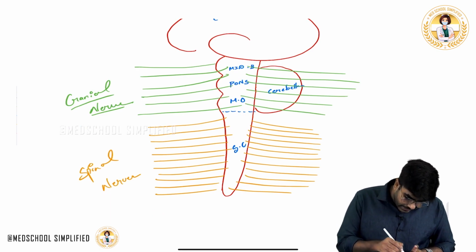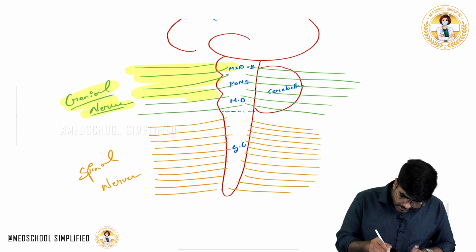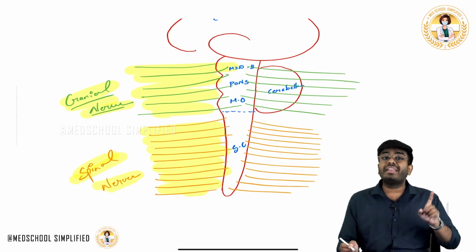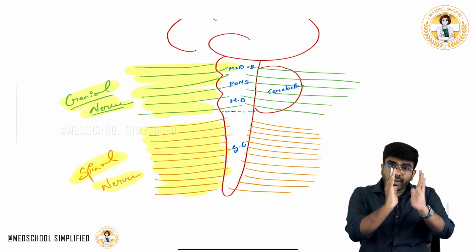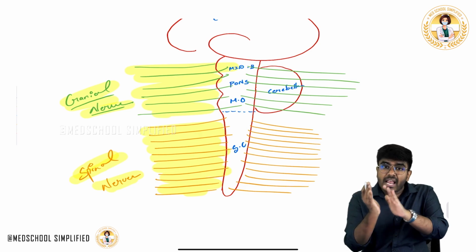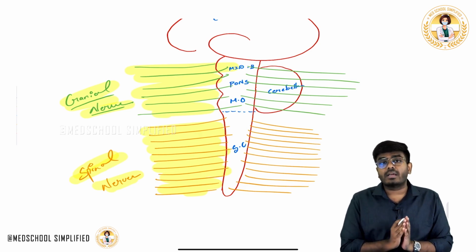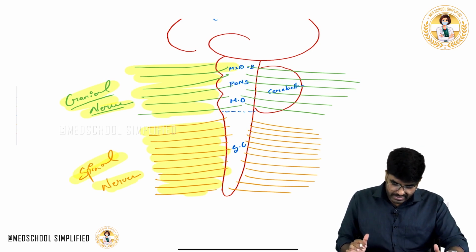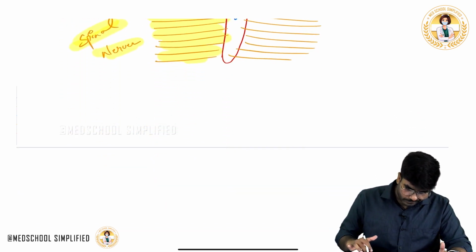So all these cranial nerves and all these spinal nerves, they are coming under peripheral nervous system. Brain, brainstem, cerebellum, spinal cord, all of them are coming under central nervous system. This is the basic thing which you need to know.